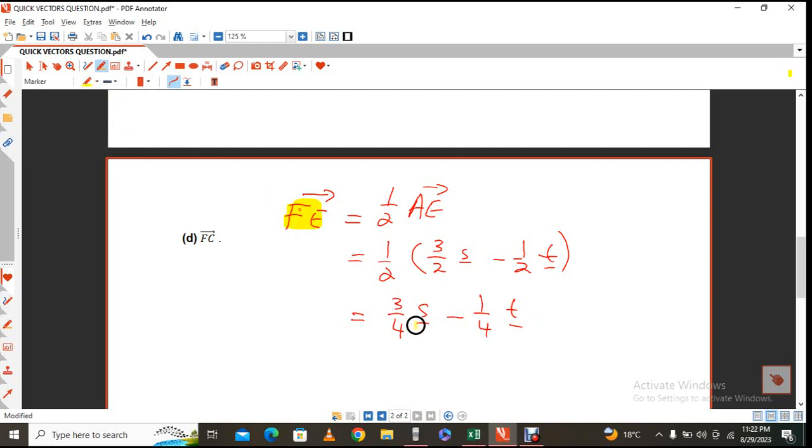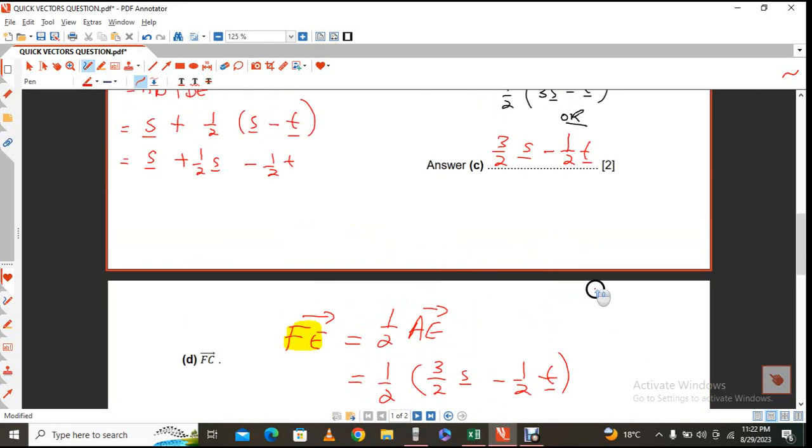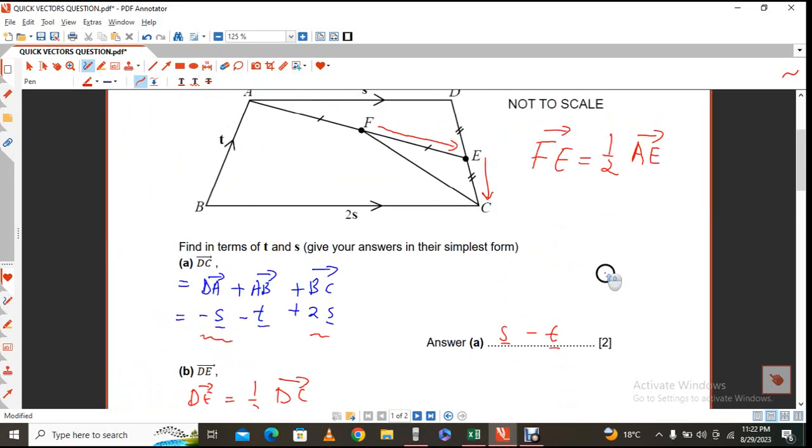I'll go back to my diagram so you can see the route that we have to take to go from F all the way up to C. So it's FE, which we calculated, plus EC.